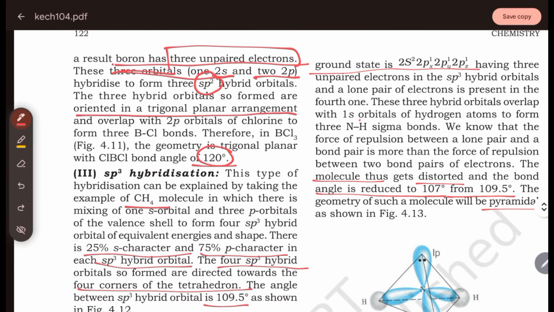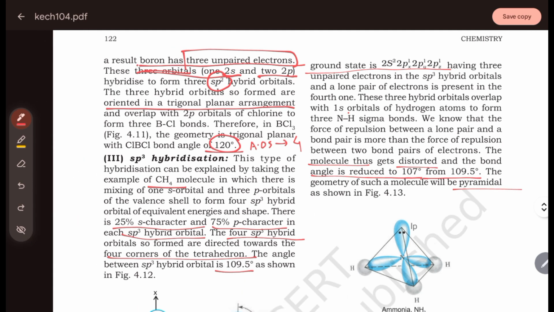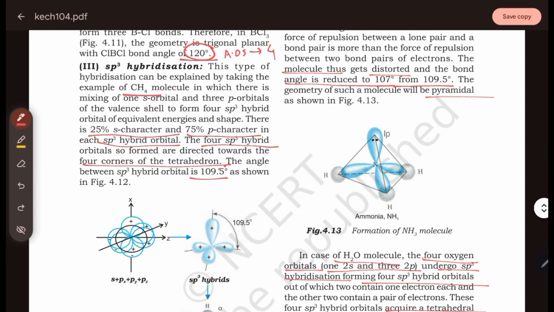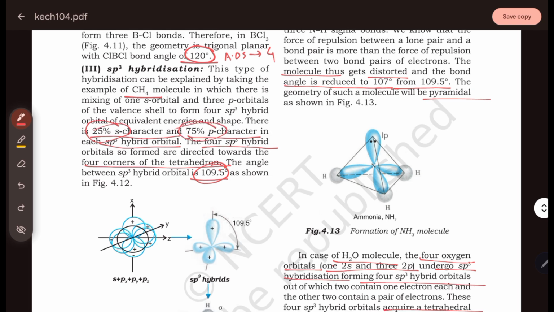Next is sp3. From here we can see that there is one s and three p. Combining atomic orbitals are 4 in number. So there are 4 hybrid orbitals oriented at an angle of 109 degrees 28 minutes, or 109.5 degrees. It contains 25% s character and 75% p character.